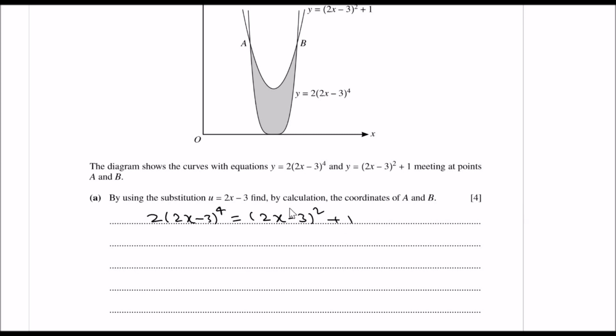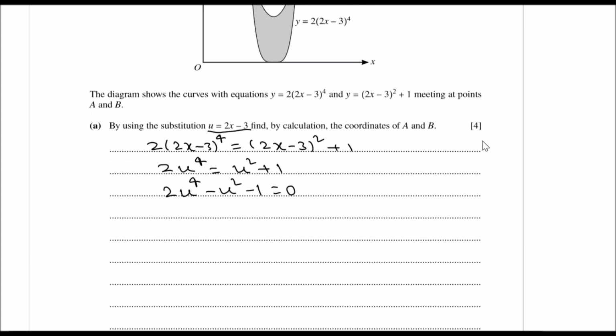Alright, now it says we have to use the substitution u equal to 2x minus 3. So for 2x minus 3 we put u, so we get 2u to the power 4 is equal to u square plus 1. This can be written as 2u to the power 4 minus u square minus 1 equal to 0.